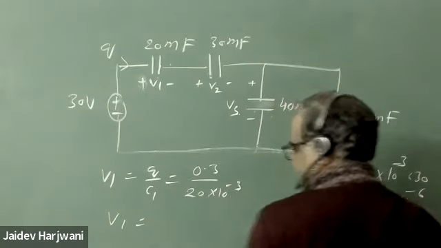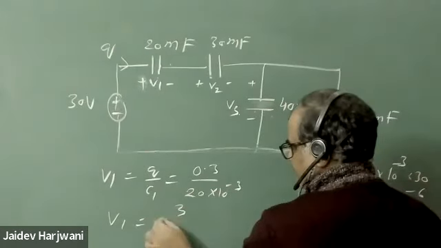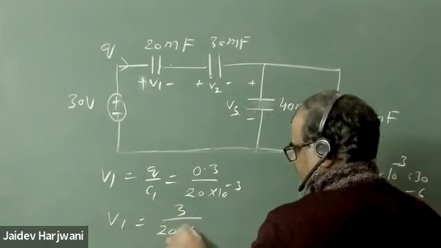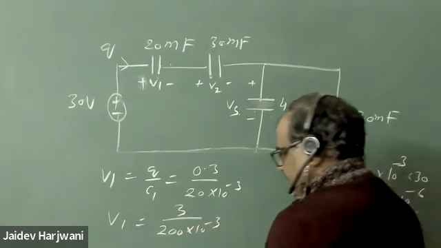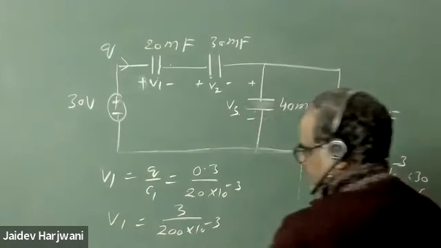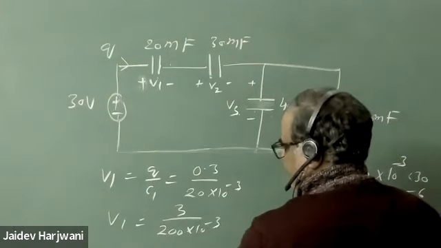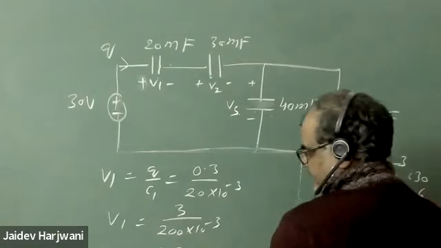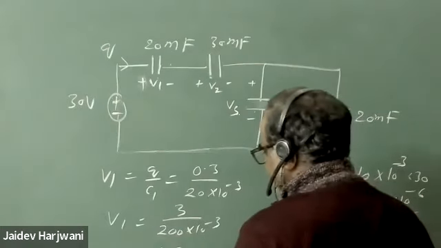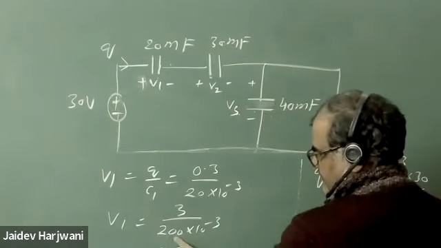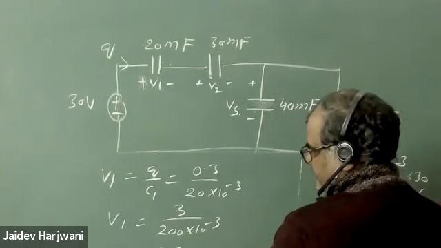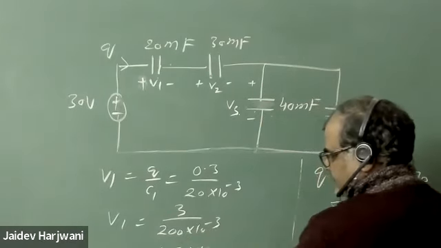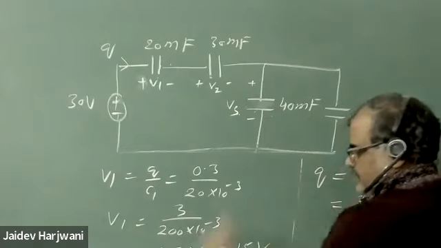So V1 becomes 1.5 into 10 raised to power 1, that is, 10 raised to power minus 1 and minus 3 gives minus 1, so this becomes 15 volts.